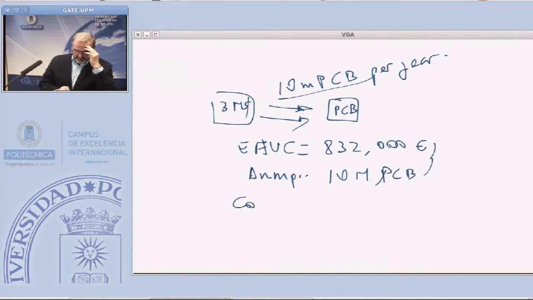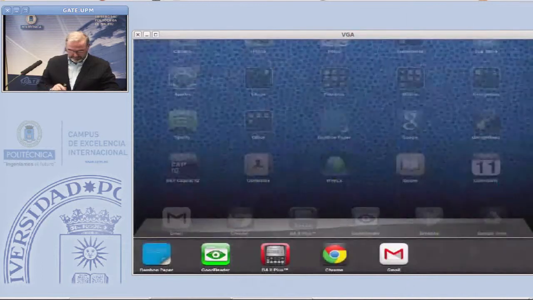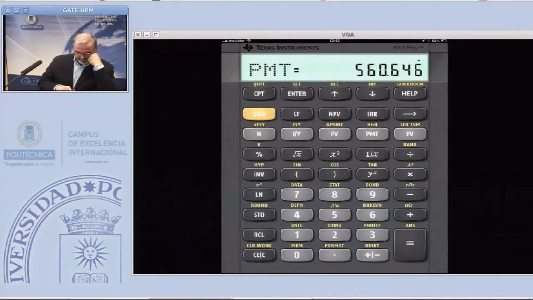So the cost of the machine per every printed circuit board is equal to the annual equivalent cost divided by the production, equal to 832 divided by 10 million. So I think it's not much. Perhaps the production will be best reflected using just 1 million. And then let me calculate.